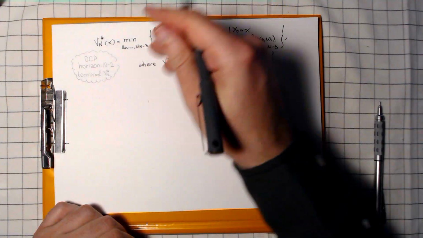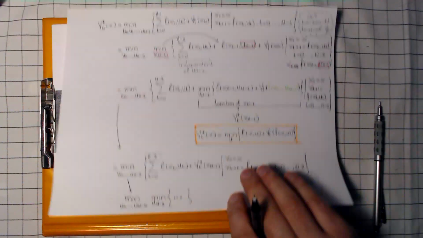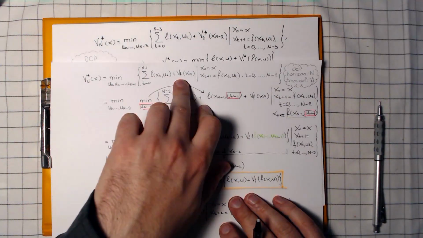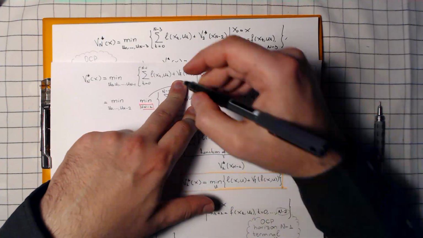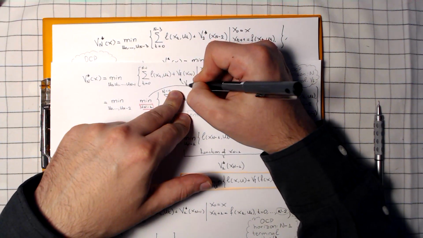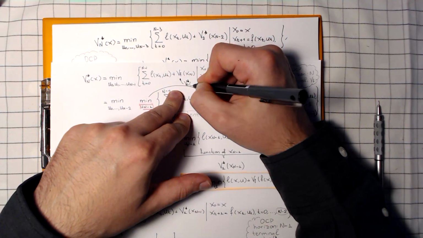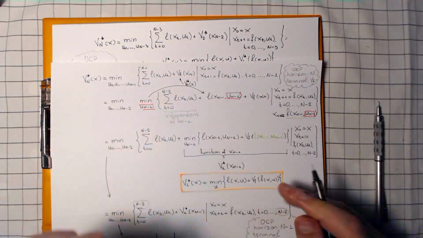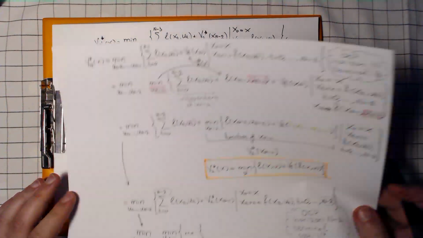So what we're doing here is that we start with an initial terminal cost Vf, but let's call that for convenience. Let's give it another name. Let's give it a synonym, V0 star of x. So here we have V0 star of xn.